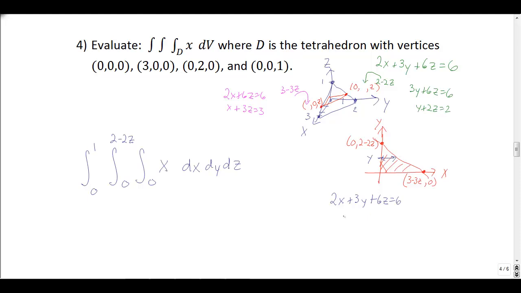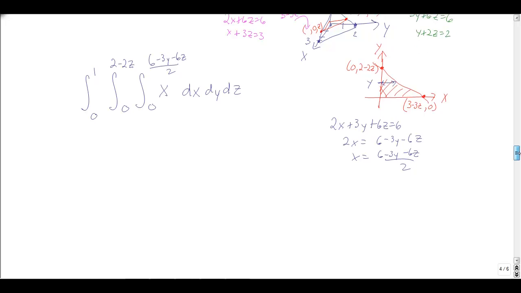I'm going to solve this for x. So I get 2x equals 6 minus 3y minus 6z, so x is (6 minus 3y minus 6z) over 2. Okay, so that's the setup here.